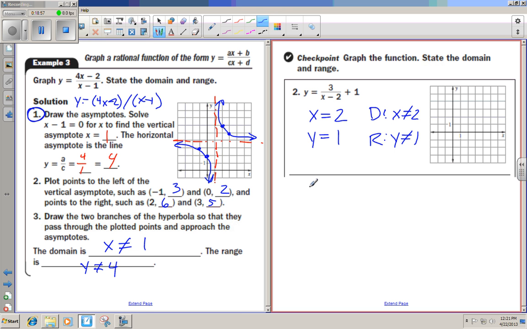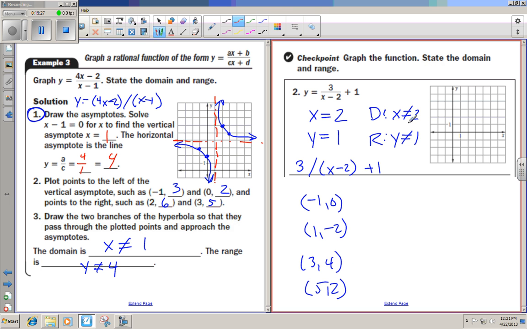And now it's a matter of coming up with some points. So typing this into your calculator, you would do 3 divided by x minus 2, plus 1. Put that in the calculator, come up with some points such as (-1, 0), (1, -2), (3, 4), and (5, 2).